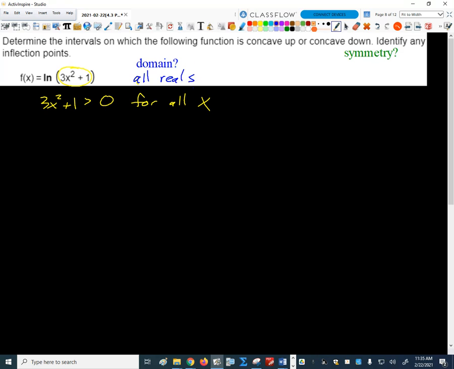What about symmetry? Well, is there going to be symmetry on this one or not? We'll have to just apply the test. What happens when I evaluate this function at negative x?